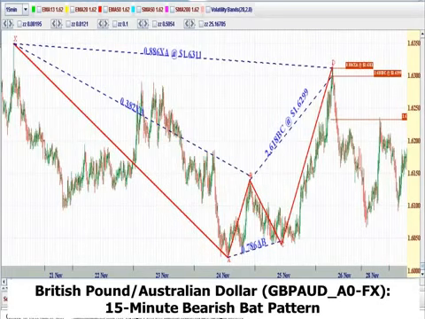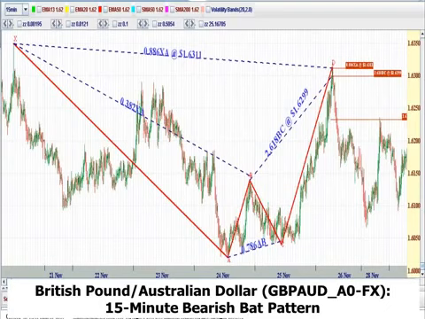This chart of the British pound versus the Australian dollar shows another W-type structure. In this case, the bat pattern had a 382 at the B point. This set up more of an extreme BC extension.